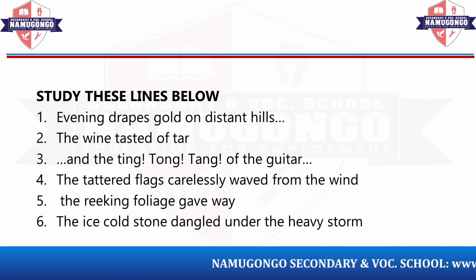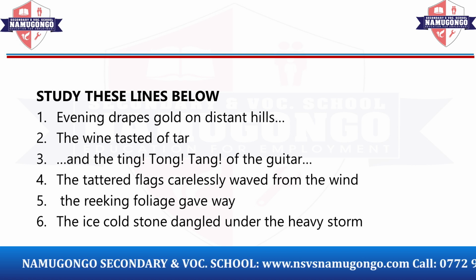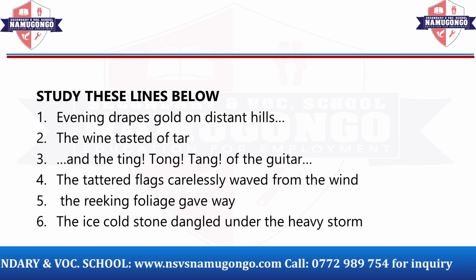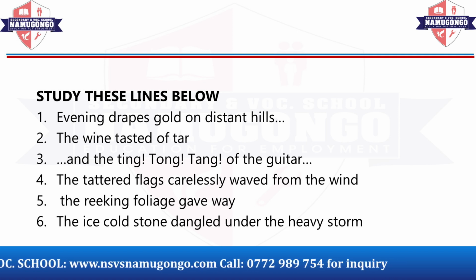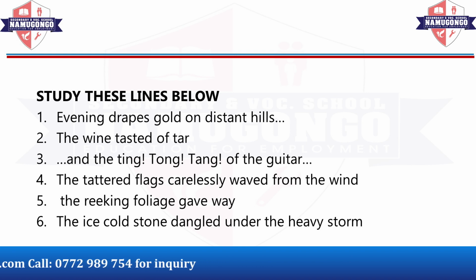The first one, evening drapes gold on distant hills, is appealing to our sense of sight. That line can clearly show you that the poet or the speaker is looking at a beautiful sunset. The second one, you can already taste the tar, this wine that is tasting of tar.